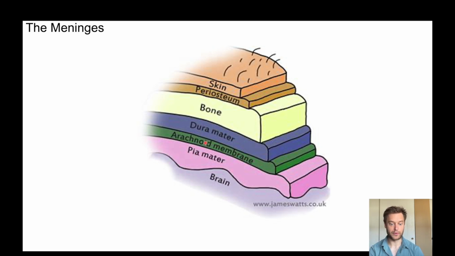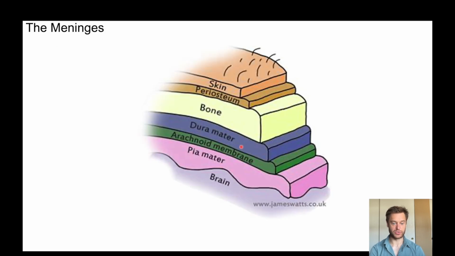The dura mater is very thick, and the pia mater is not as thick. The arachnoid membrane is in between the two and is filled with cerebral spinal fluid within the subarachnoid space. The main thing I want you to know is that you have meninges, and when somebody has something like meningitis, that's an infection of the meninges. The meninges don't just surround the brain, but the spinal cord as well.